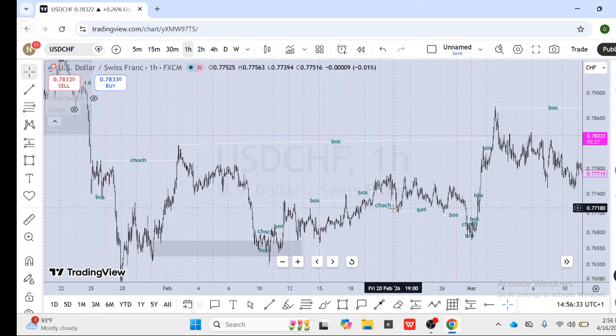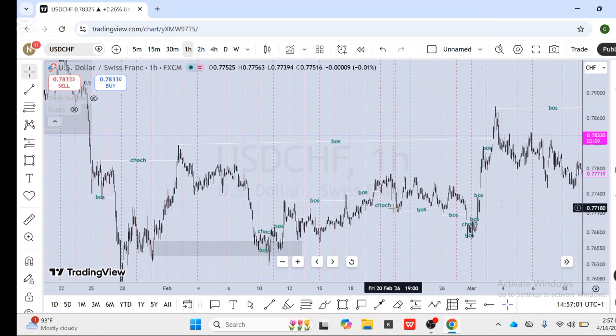This is what structure is. When you have been able to train your eyes to marking out structure, it will be easy for you, when you come to any market, you see any chart, all you just need to do is mark out the structure. You will be able to understand the direction of price because market structure helps you to know the direction of the market, the trend of the market. And so just like they say, the trend is your friend.